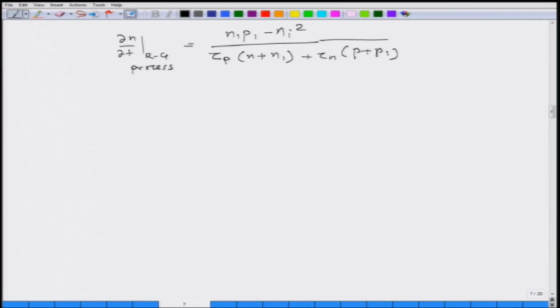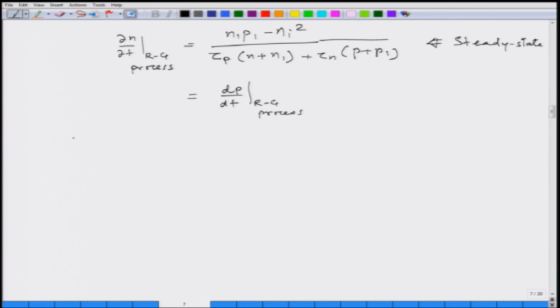And similarly, since we were discussing it in the steady state condition, this is for the steady state condition, this would also be the same as for the R-G process for the holes, it will give the hole concentration as well. So, whenever you have device consideration for steady state, this is the expression one uses for finding out the carrier concentration change due to the R-G processes.